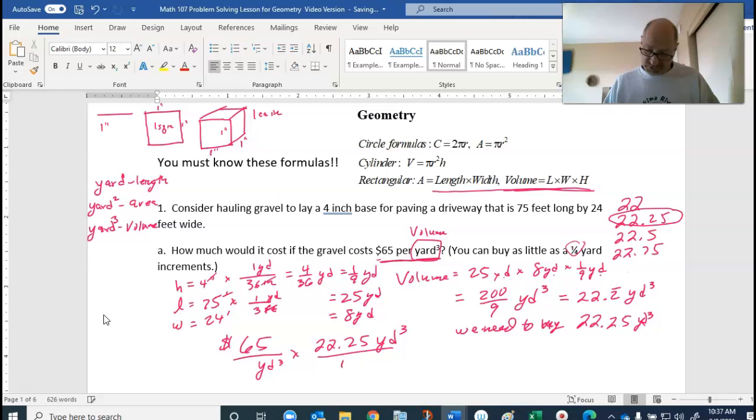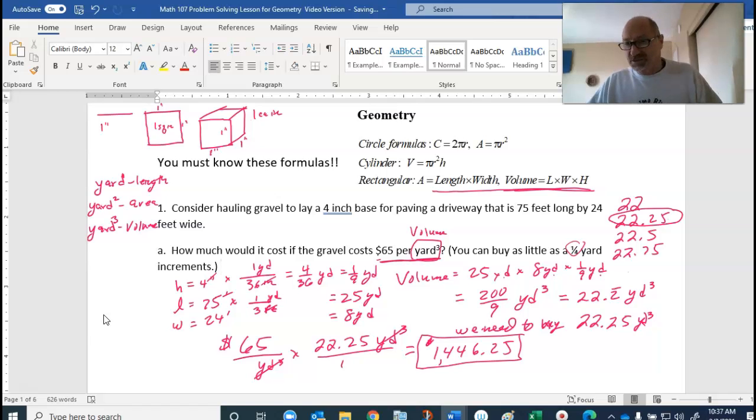We reduce that, and we get 65 times 22.25, and that turns out to be $1,446.25.